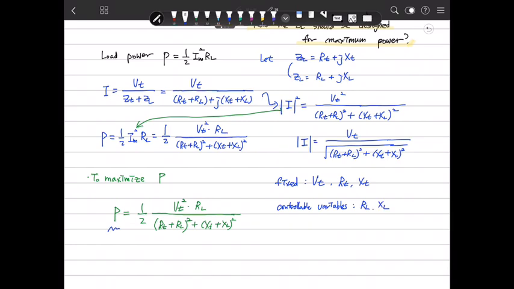Then to maximize P, we need to minimize this term. The denominator should be minimized. So to do that, since these are positive values, they can be reduced to 0.